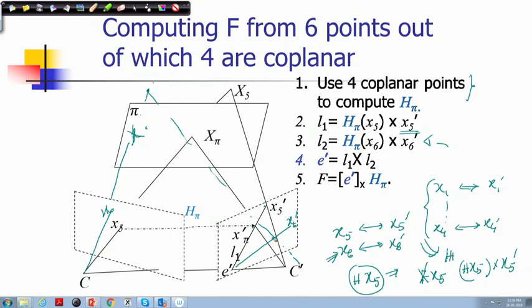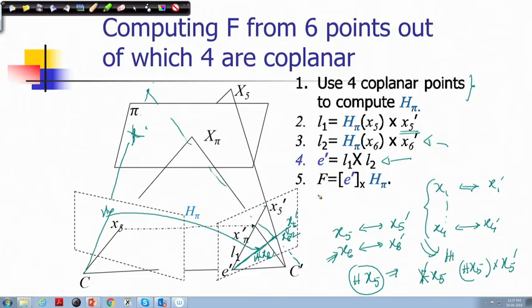Say this is x 6 prime, and after homography transformation this is H x 6. This will also form another epipolar line. These two epipolar lines L 1 and L 2 intersect at E prime, so if I take the cross product of L 1 and L 2, I will get E prime.